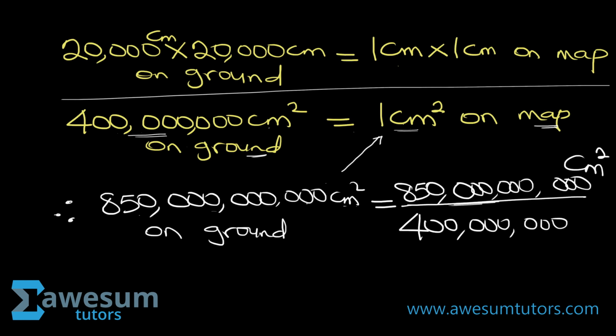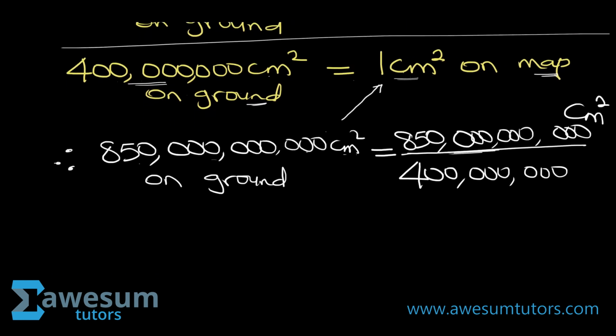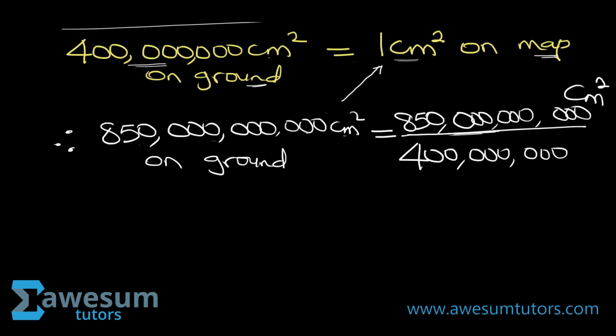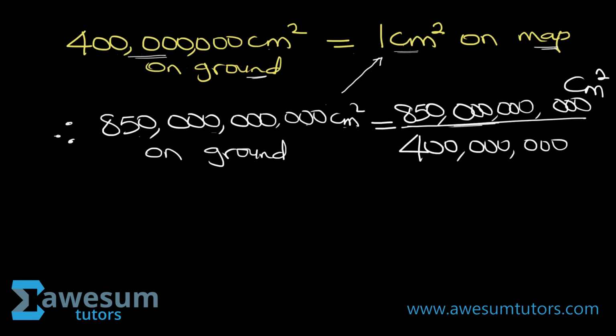Pretty much everything we are doing right here is just conversions. You are just converting from one unit to the other. So this is where your knowledge of conversion of units is very important. If you divide 850 billion by 400 million, that is going to give you 2125 centimeter squared.